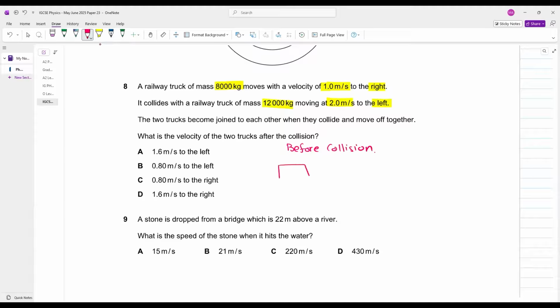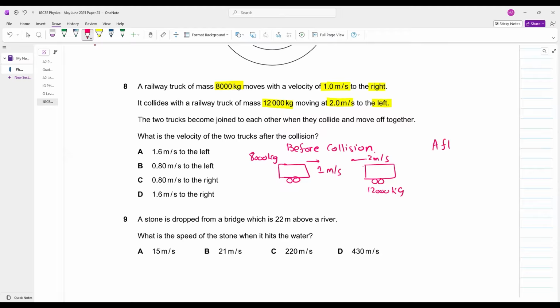Before collision, you have a truck that has a mass of 8,000 kg. It is moving towards the right with a velocity of 1 meter per second. Then you have a truck of mass 12,000 kg. It moves towards the left with a velocity of 2 meters per second.